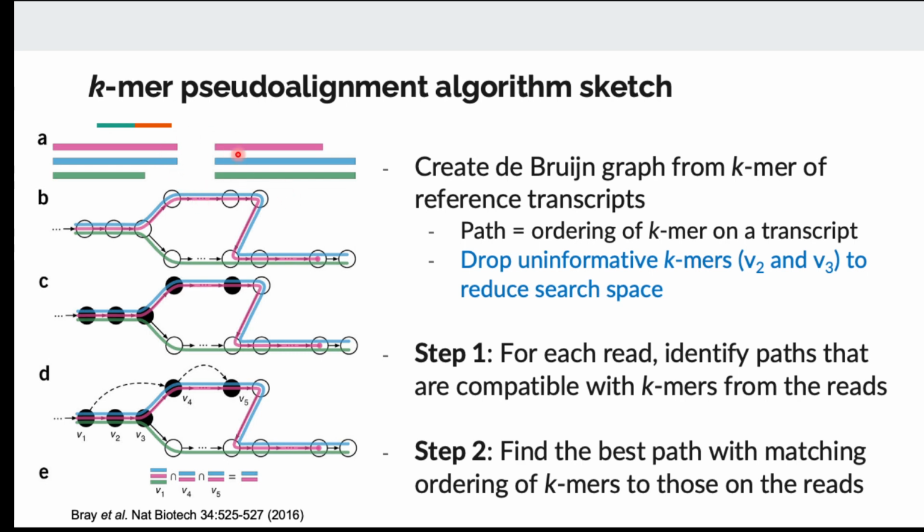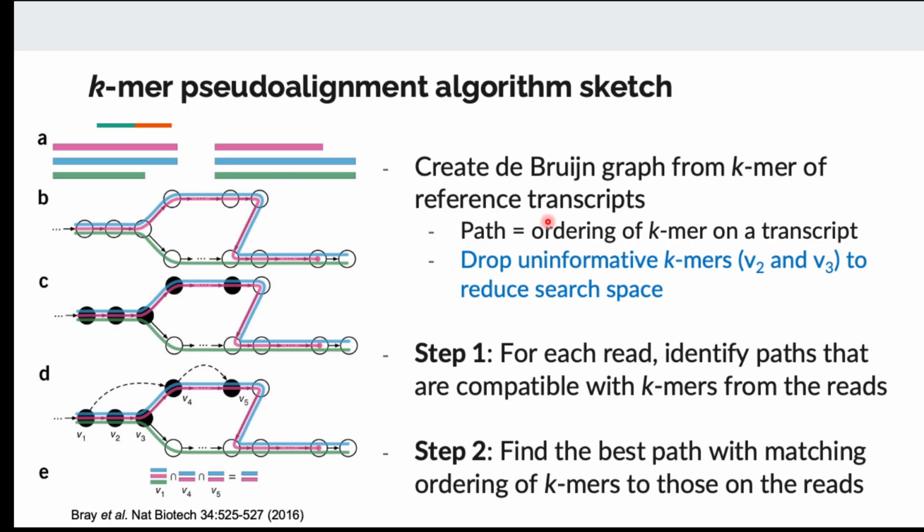Instead of doing the full dynamic programming between our read and the reference transcriptome, as in the usual alignment, if we want to accelerate that process, what we are imagining is that if the transcript isoform was the isoform that produced our read, the k-mer pattern on our read should match the k-mers on the original transcript, because that's the molecule that generated our read.